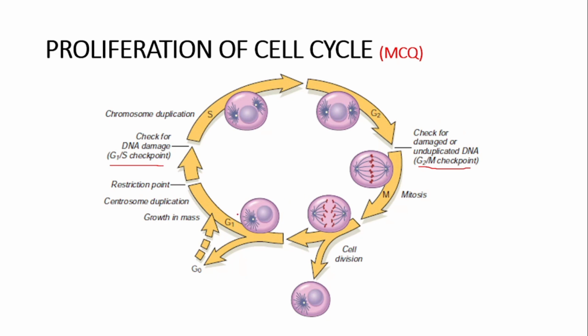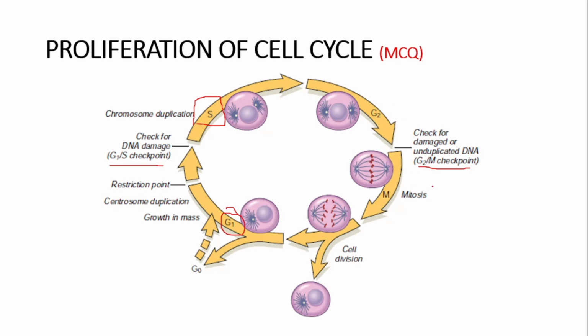So what happens in the G1 phase? The G1 phase is a pre-synthetic phase, whereas S is called the synthetic phase, S for synthetic, where DNA synthesis takes place, and this is mitosis.